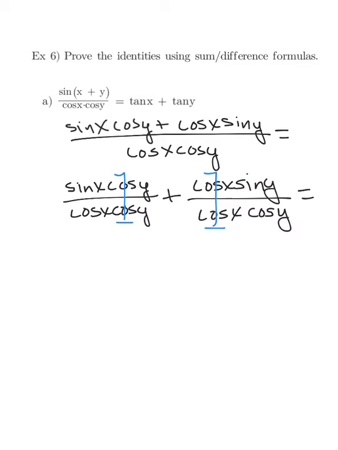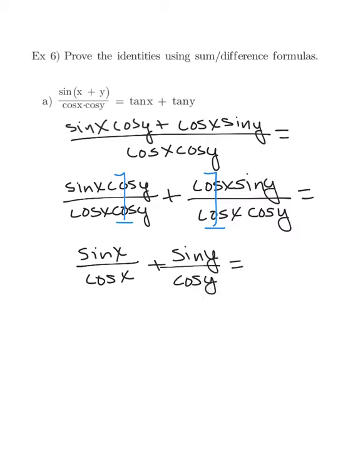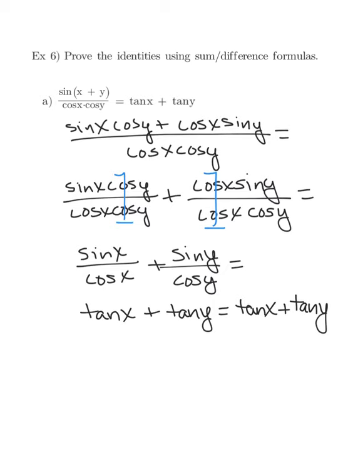So we are left with the sine of x over the cosine of x plus the sine of y over the cosine of y. But sine over cosine is tangent. So our first term simplifies to be the tangent of x. Second term simplifies to be tangent of y. And that equals where we were trying to get, tangent of x plus tangent of y.